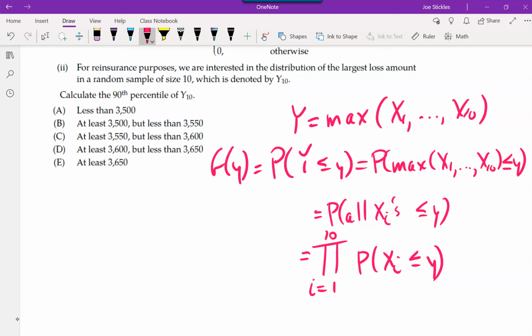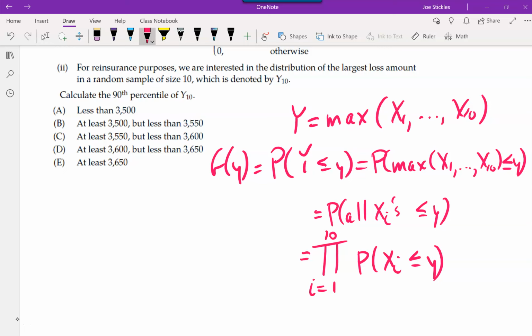What function can I rewrite it as? The CDF, right? This is the CDF of the x's, isn't it? We use the independence to break it apart as a product. Now we're going to use the identically distributed part to write them all as the same CDF, right?